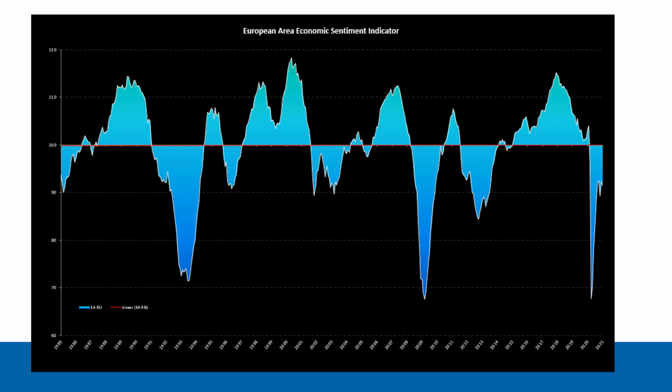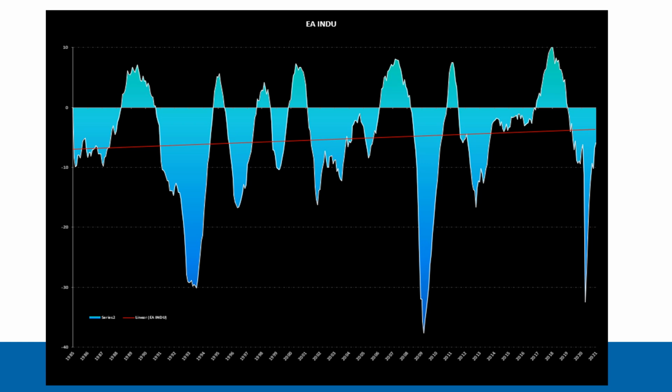Now, for each of our subcomponents, we can look at their contribution, or what they were doing at the time in certain periods of economic cycles, and their contribution to the composite index. So if we look at the industrial confidence index here, which is one of the subcomponents, remember it's a 40% weighting. This is the equivalent to a manufacturing PMI.